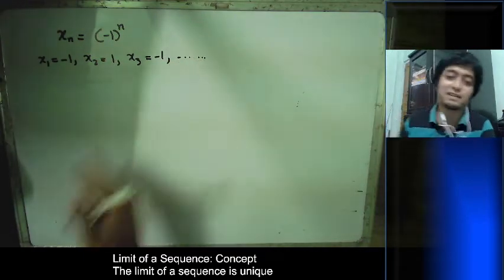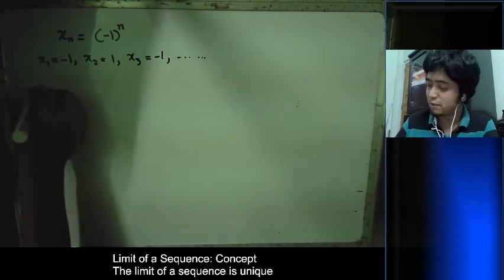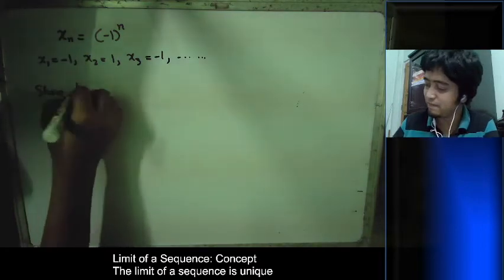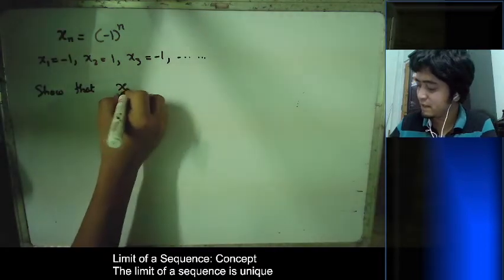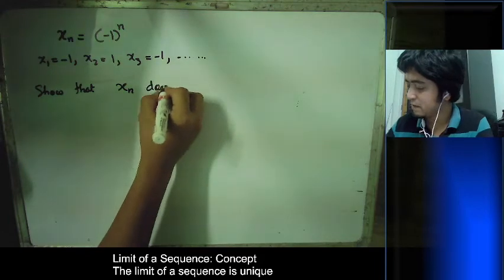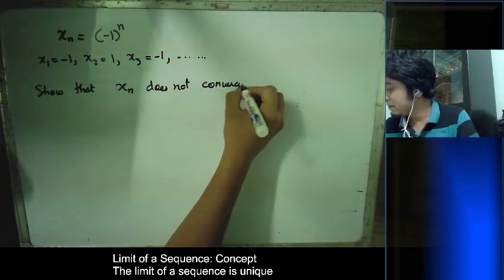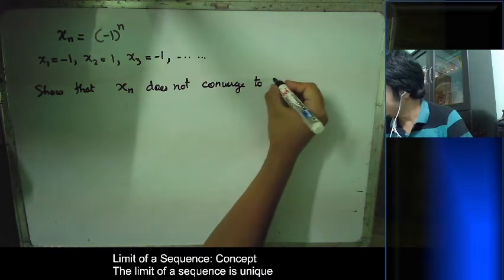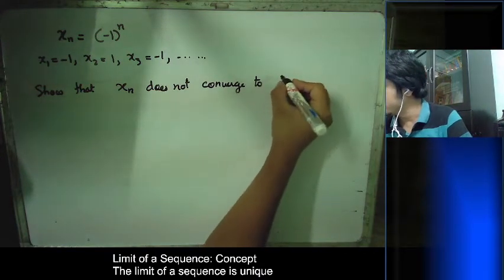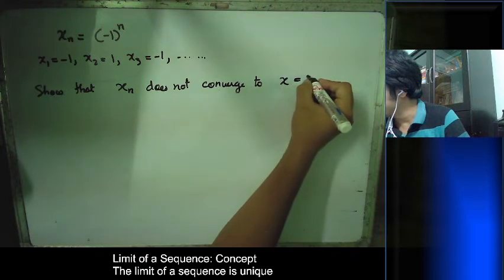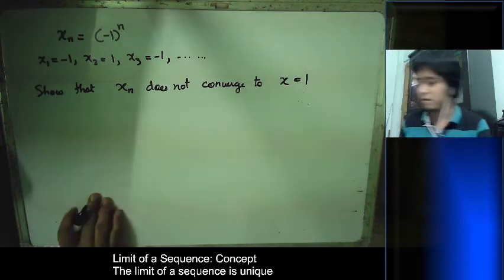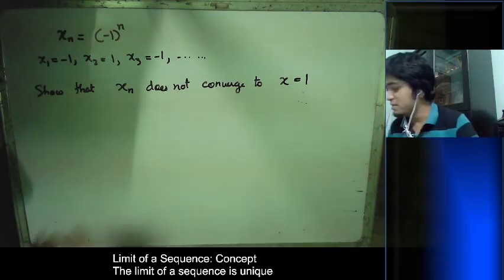It keeps on alternating. Suppose I ask you to show that xn does not converge to x equal to 1.